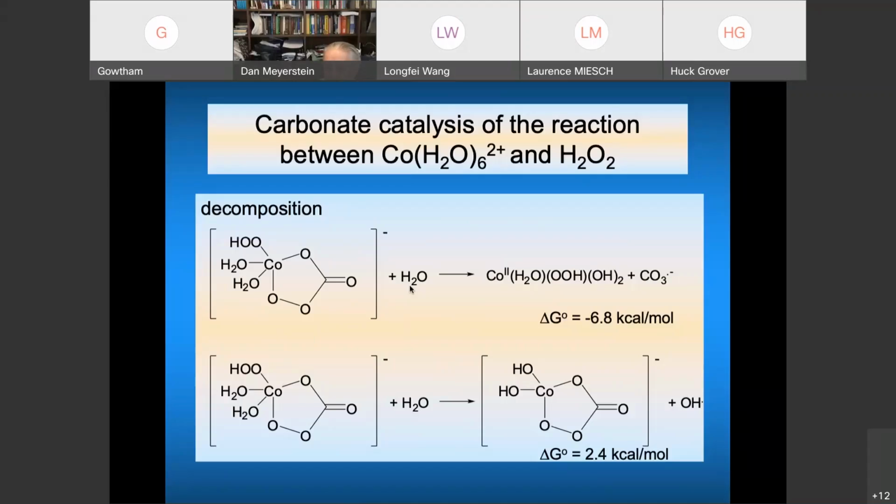Again, one hydrogen peroxide oxidizes another peroxide and gives a peroxyl radical, and instead of OH radicals, you get carbonate anion radicals.